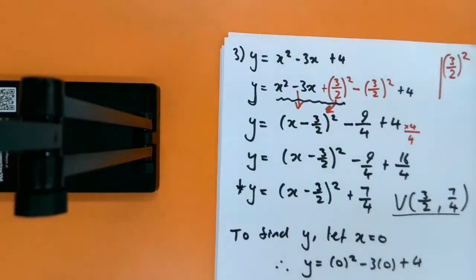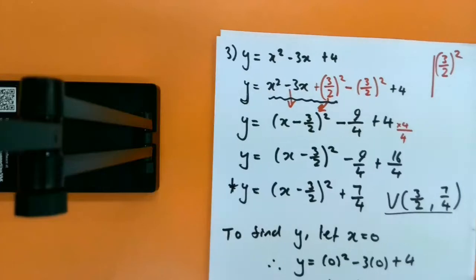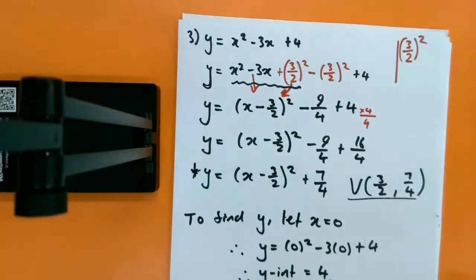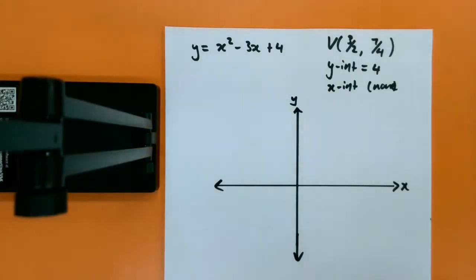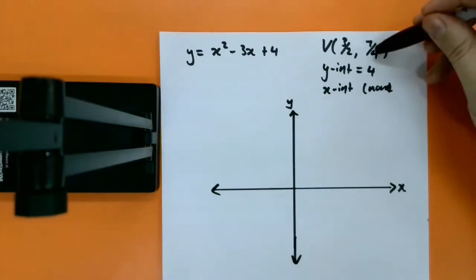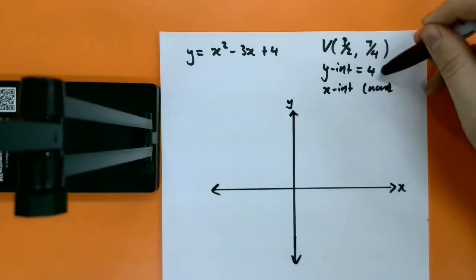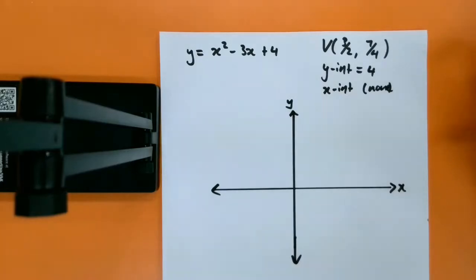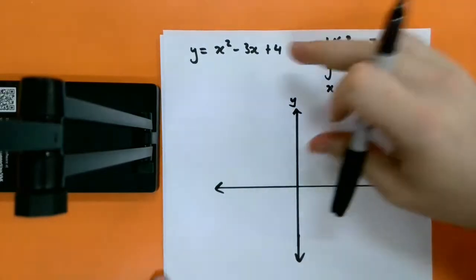So, let's use all of this information that we've just generated to try and graph it. We're going to use our information that we found before, the coordinates of our vertex, our y-intercept, and our x-intercept, to graph our parabola over here.